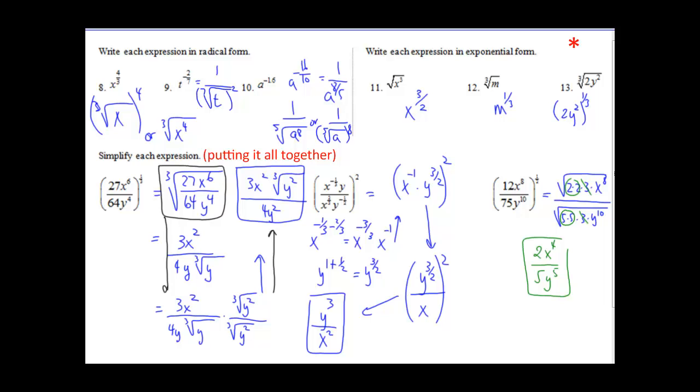For the second one in the middle, what I did is, here's the simplified x version, here's the simplified y, so we really have x to the negative 1 times y to the 3 halves, and then all of that squared. So I didn't distribute the 2 first. Drop that down, distribute the 2 now, so 2 times 3 halves, and then 2 times negative 1. So the answer was y cubed over x squared. And the last one is 2x to the 4th over 5y to the 5th.